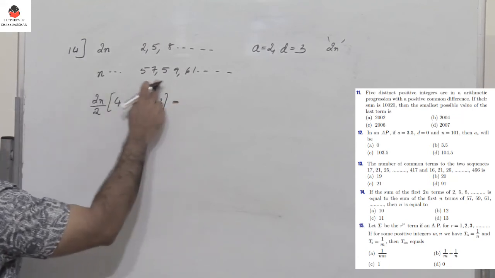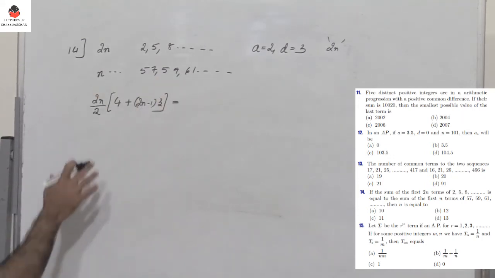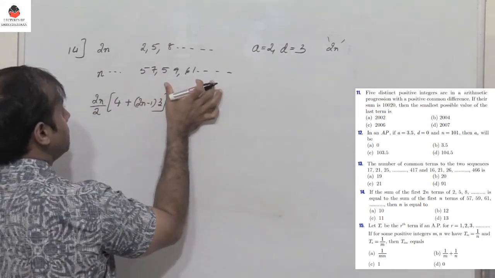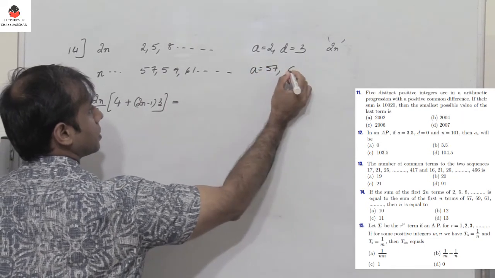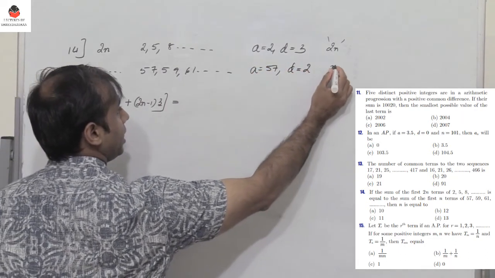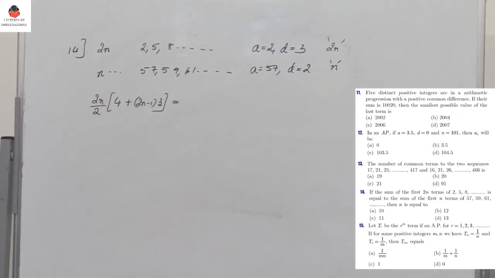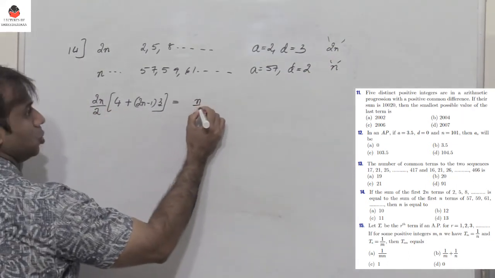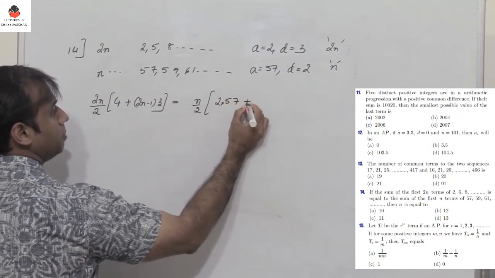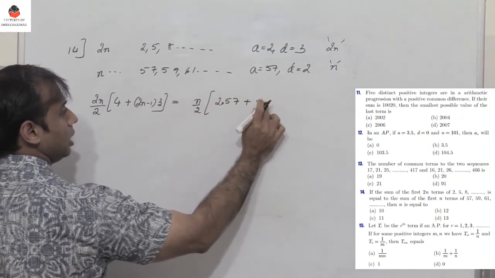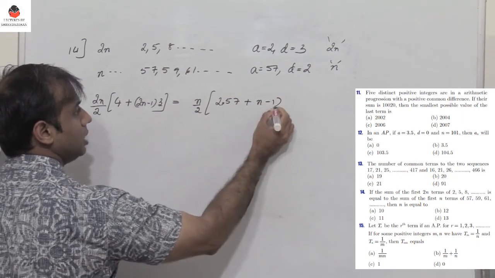And this is equal to the sum of the first n terms. So here the first term is 57, common difference is 2, and the number of terms is n. So the sum would be n by 2 into 2 into a, 2 into 57 plus n minus 1 into d.